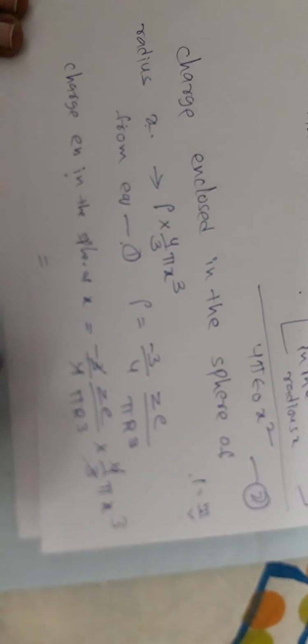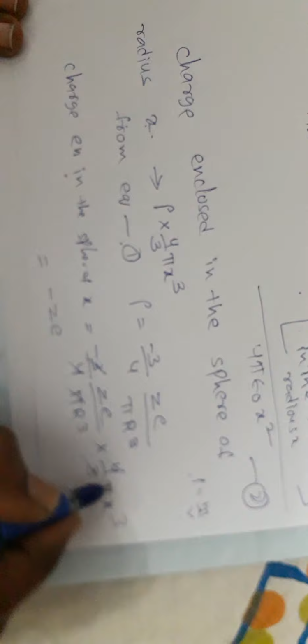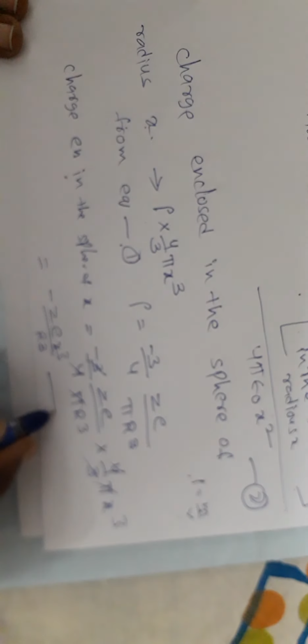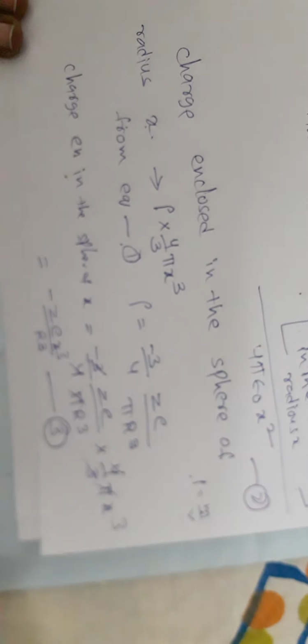Now we are getting minus ZE x cube by r cube. Now this is equation number 3.